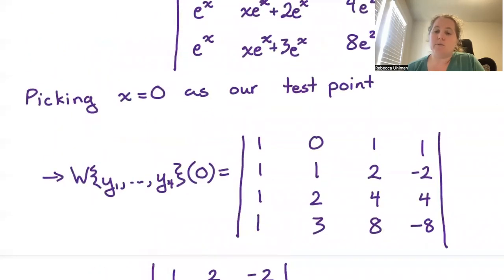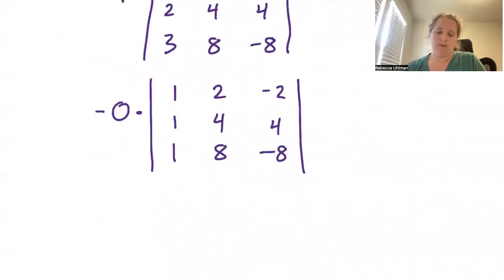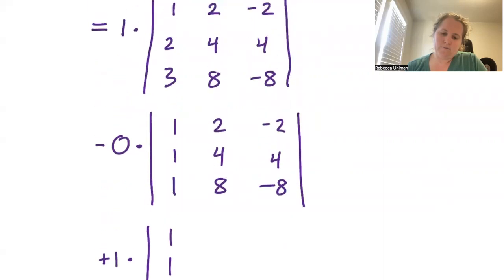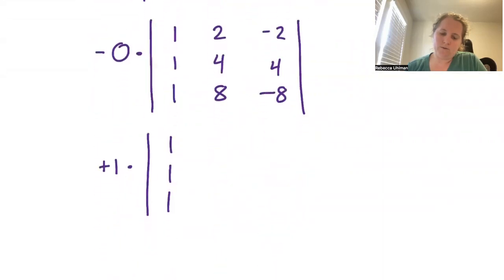Then we have plus 1 times the determinant of the matrix where we eliminate the first row and third column. So we'd have plus 1 times 1, 1, 1, 1, 2, 3, and negative 2, 4, negative 8.